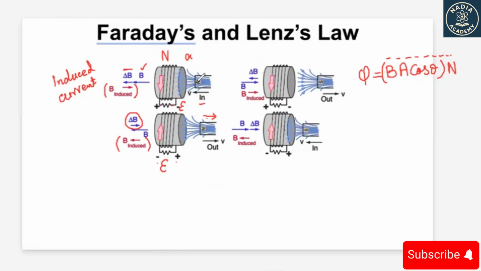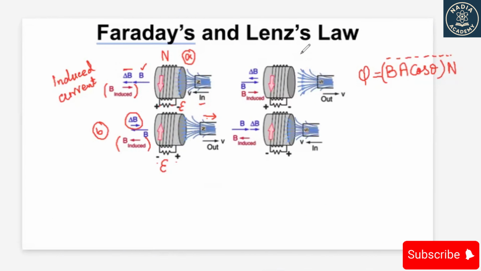So in the first picture, picture A, our magnetic flux is increasing, and in B, our linkage flux is decreasing. And with increase and decrease, we actually have flipped the signs of induced voltage.